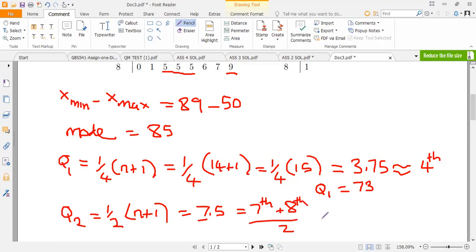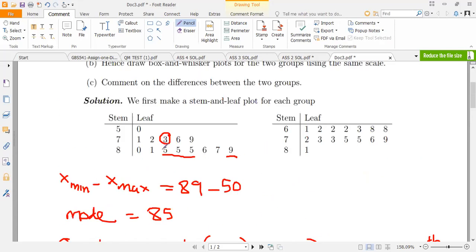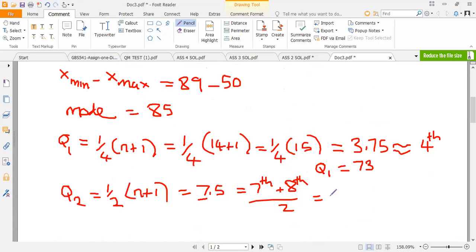So in this case, 1, 2, 3, 4, 5, 6, 7, 8. So these two numbers, 81 and 80. 80 plus 81 divided by 2, which will give you 80.5. So the quartiles give you the position and not the answer, but you need to identify the answers in that regard.